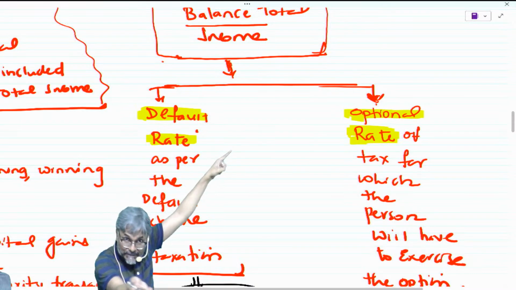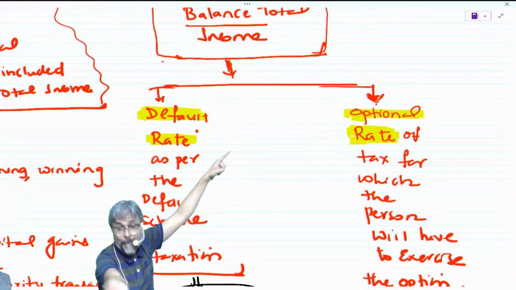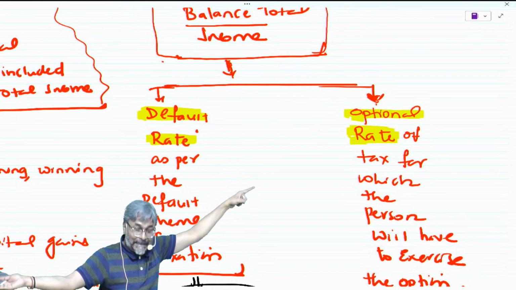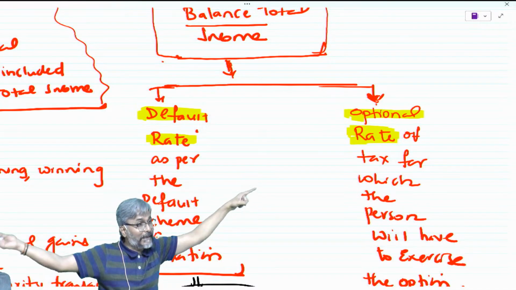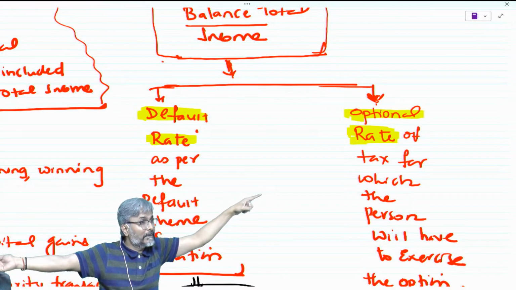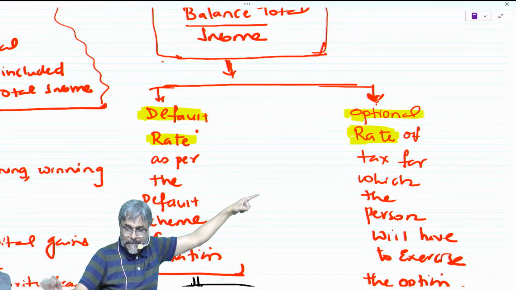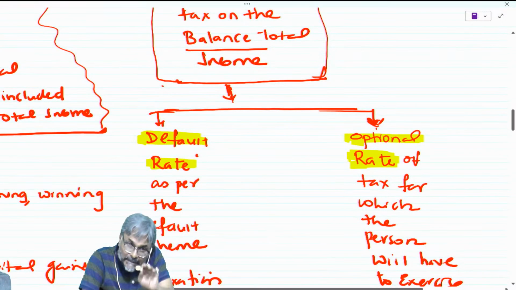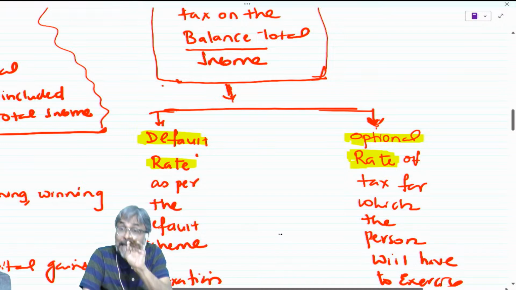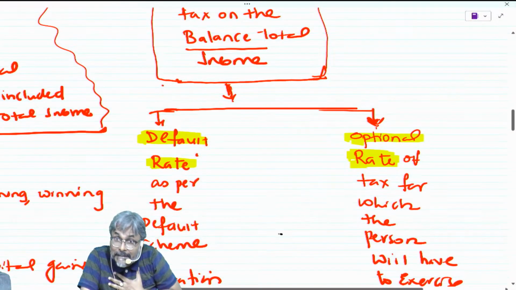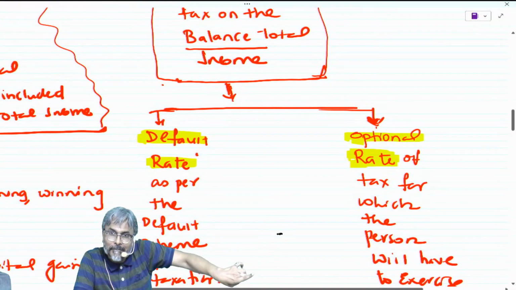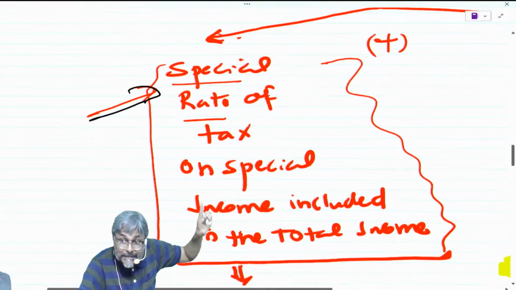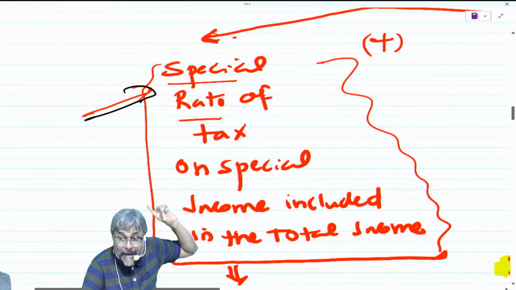What is the default rate? Just now I gave you the slab. Up to 3 lakhs nil, 3 to 6 lakhs 5%, 6 to 9 lakhs 10%, 9 to 12 lakhs 15%. Those I have given to all of you, isn't it? So even if I am going with the default tax regime, still on my special income it is the special rate only that will apply.